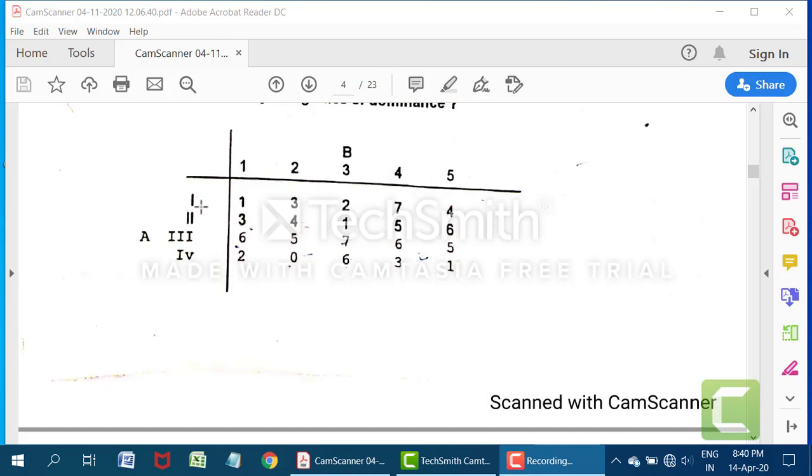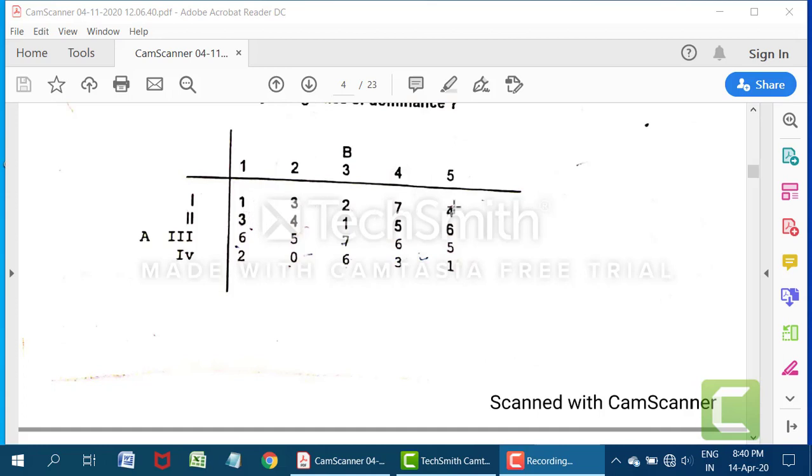If any row apart from the first row contains better elements than this, compared to 1, 3 is better. 3 compared to 3, 4 is better. But compared to 2, 1 is not better. So like that, if each and every element of a particular row is less than or equal to the corresponding elements of another row, then the player A will never choose the strategy that is containing the lesser pair of elements, isn't it?